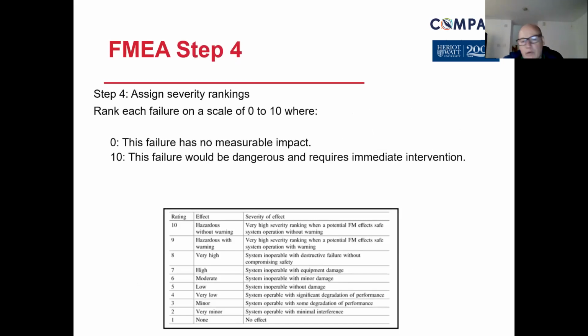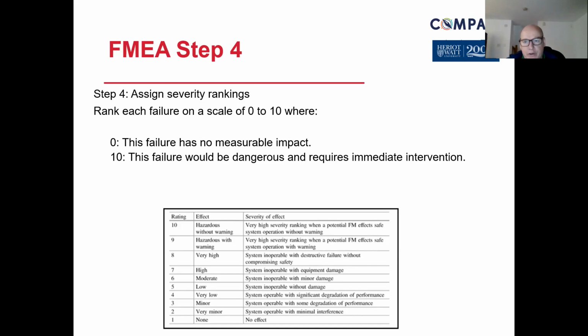Step 4, rank it. Give it a rating of, in most cases, 0 to 10, and it's somewhere along the line. It gets quite pedantic. What's the difference between 6 and 7? What's the difference between 5 and 6? Yeah. So the important thing for me is that the people who are making that ranking have an understanding and collectively agree what that rank will be, or that rating, and it then links to action that should be taken afterwards.